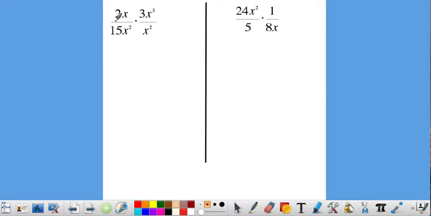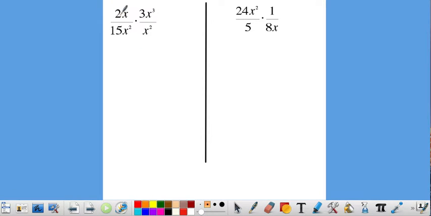2x over 15x squared times 3x cubed over x squared. We're multiplying, so we can multiply straight across. The other thing you can do, and I wouldn't stop anybody from doing this, is simplify if you see things that cancel right away. You really can do that in any order. I'm going to choose, in this case, to just multiply straight across like we did the fractions.